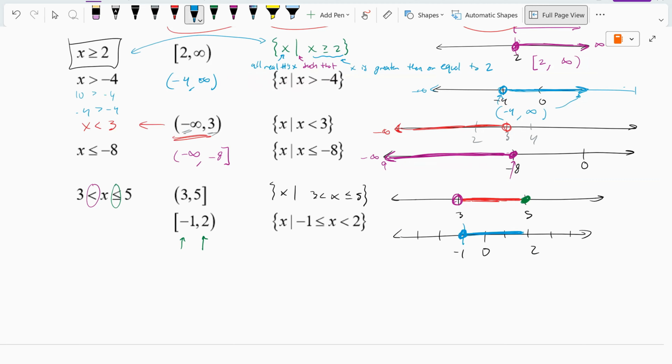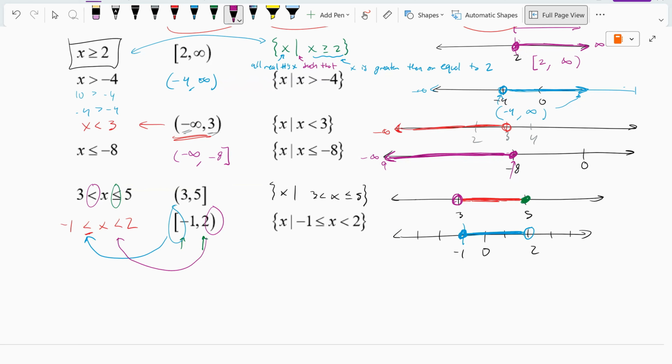Why does my stuff erase when I draw over it? And 2 is not. So we say that x is between -1 and 2. So the bracket corresponds to the less than or equal to, parenthesis corresponds to this.